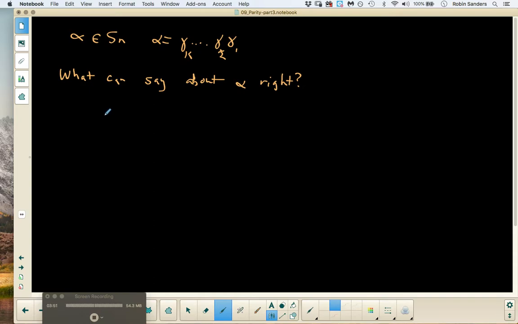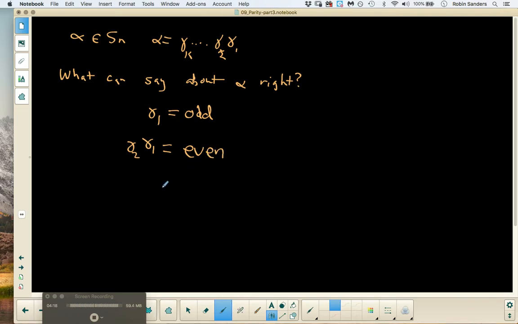It turns out that this is not a difficult question. What we know is that the inversion number of gamma 1 is odd, so gamma 1 is an odd permutation. And we know that if we compose gamma 1 with another transposition, gamma 2, the parity changes. So this one has to be even.